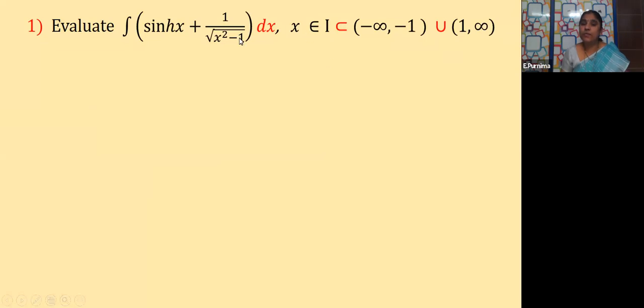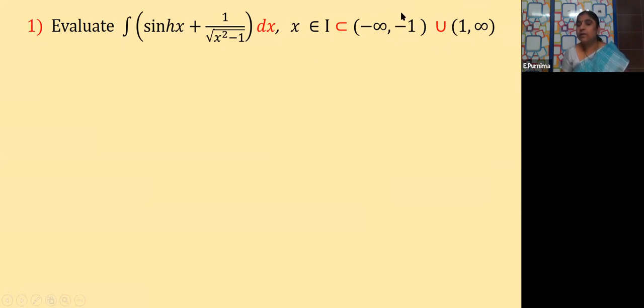So here, if you observe, this function is the formula you have seen just now, the 12th formula. Yes, but here, these 2 intervals you have also seen in the formula, whereas here the condition is given as minus infinity comma minus 1 union 1 comma infinity. What is the meaning of union, children?